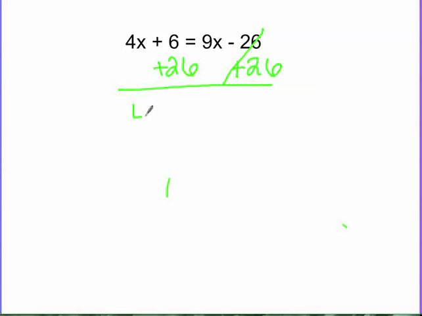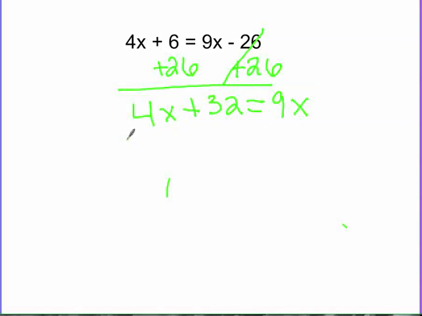I'm left with 4x plus 32 equals 9x. So now what makes sense for me to get the variables on the other side? If I have 4x plus 32 equals 9x, I want to move this positive 4x so it's on the other side.